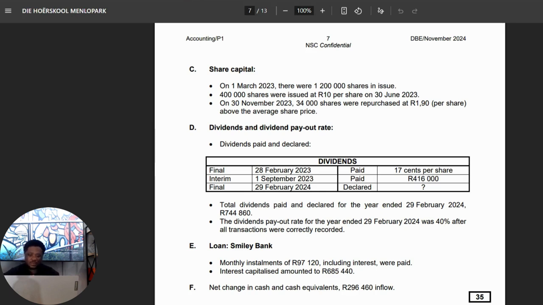And then we have the dividend payout rate for the year, which amounted to 40% after all transactions were correctly recorded. So in other words, of the profits that we made as a business, we paid out 40% towards dividends. That's basically what that information is trying to tell you.